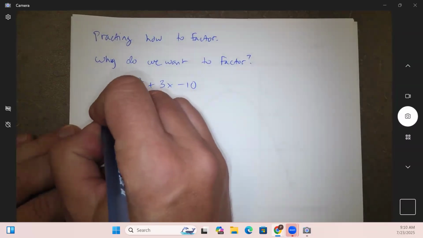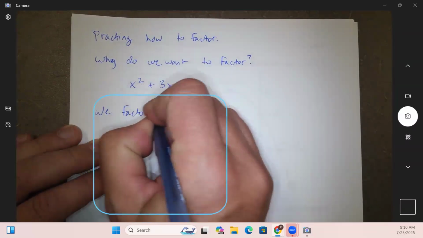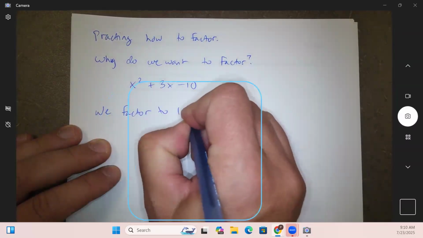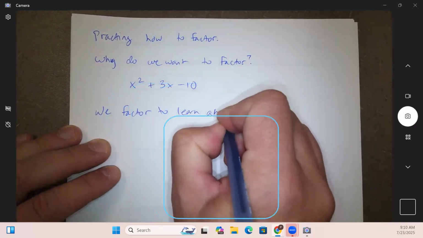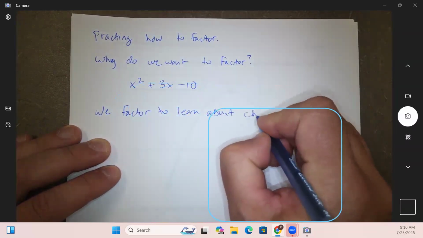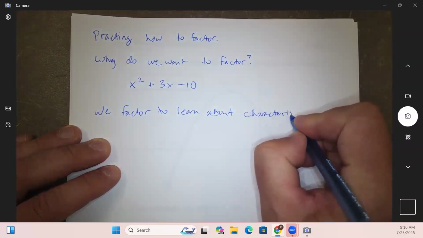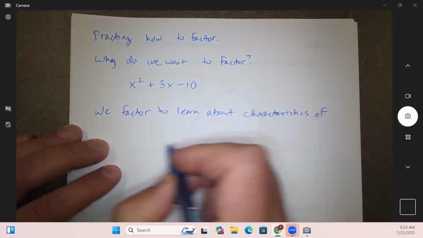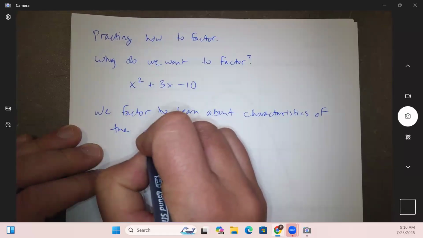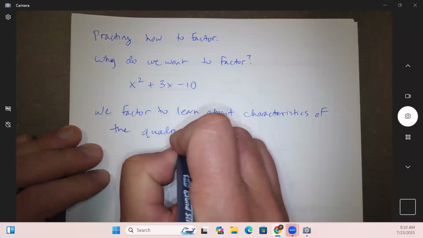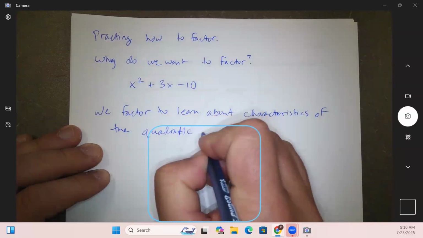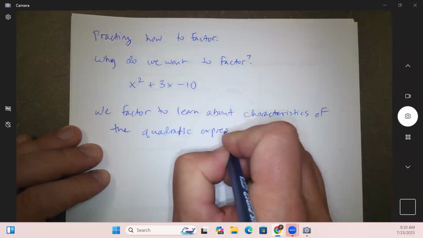We factor to learn about characteristics of the quadratic expression.